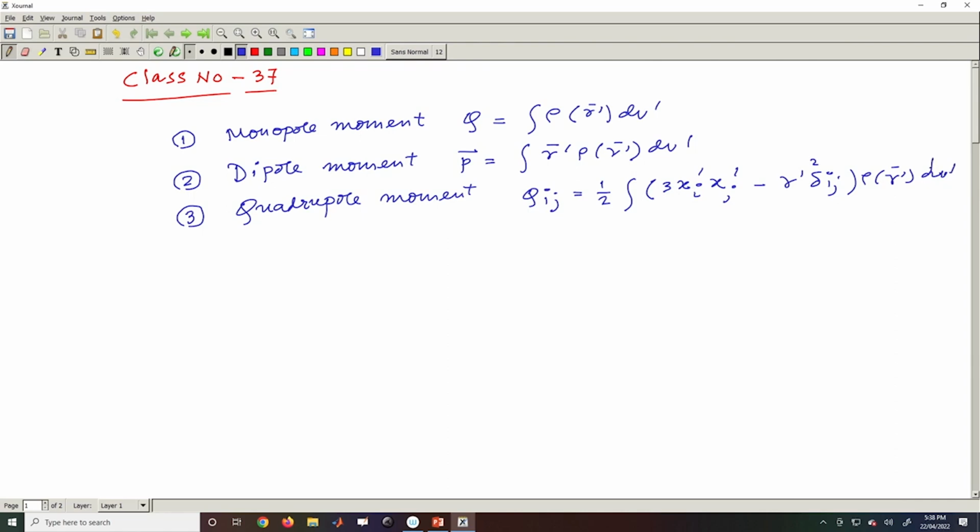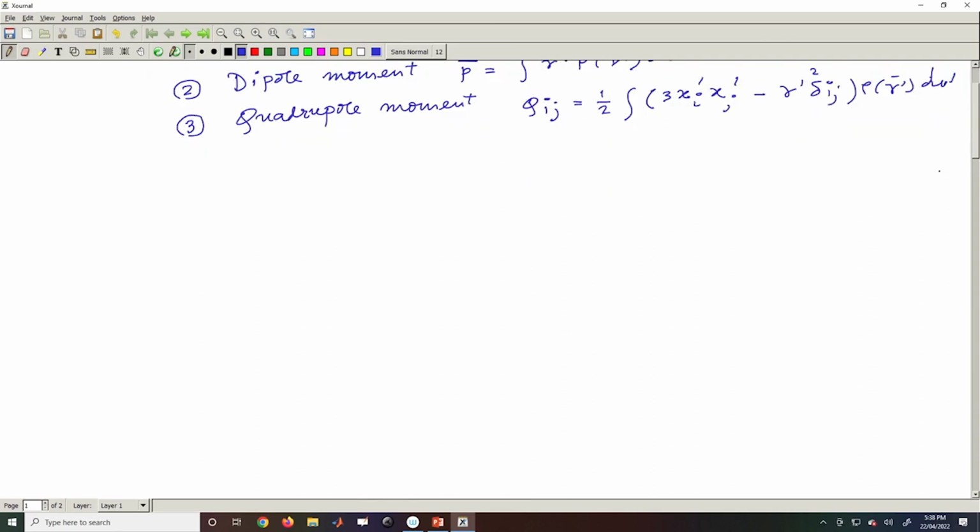This is the way we defined the quadrupole moment. So, today let us discuss a few problems.